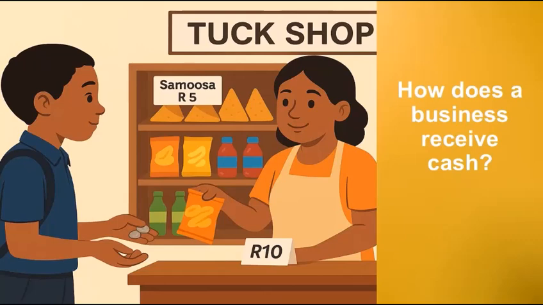An electronic funds transfer, or EFT, happens when you pay online or use your banking app to send money to the business's bank account immediately. And physical cash, rands and cents, is when you hand over notes and coins at the till. All of these count as cash transactions because the business receives the money right away.